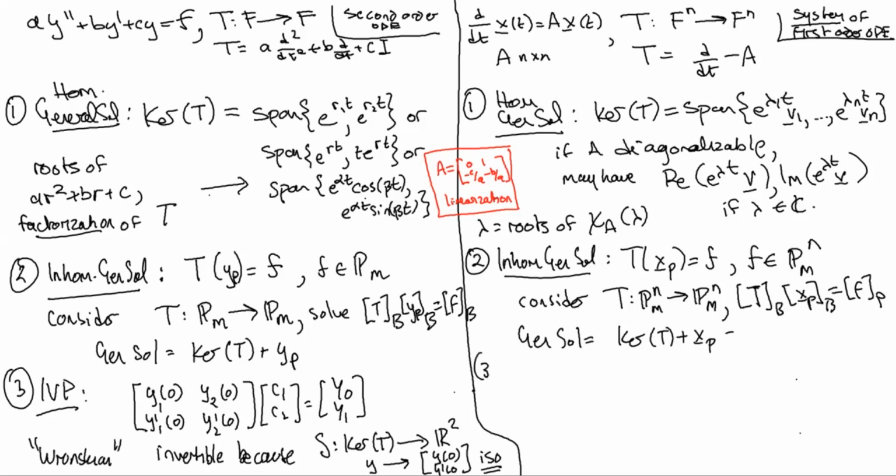And again, the third step here is pretty much the same. You have to find an element in the kernel of T, or you have to find some function within the general solution that matches the initial data. And here again, I guess you have y_p of 0, y_p prime of 0. And here again, you have to solve a system like this.